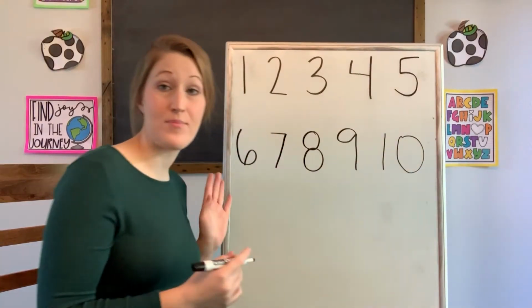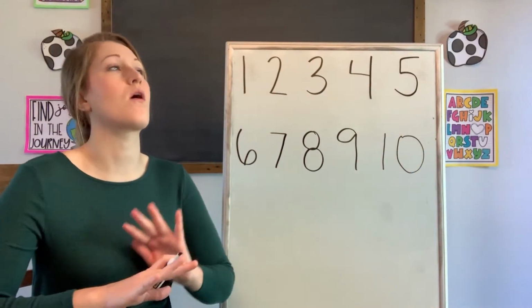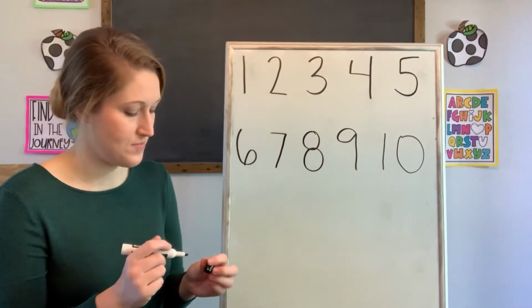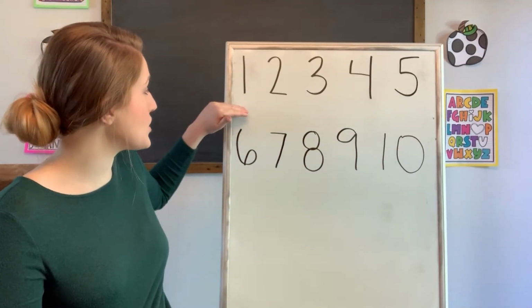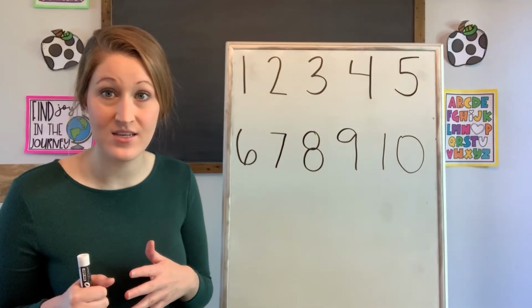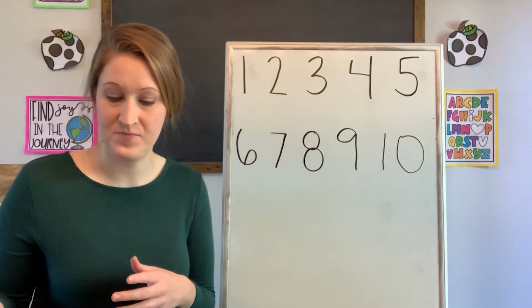Now we're going to stop there, but we could keep counting and going on forever and ever, but we're going to take a stop at 10. So today we're going to use these written numbers to represent a group of objects.